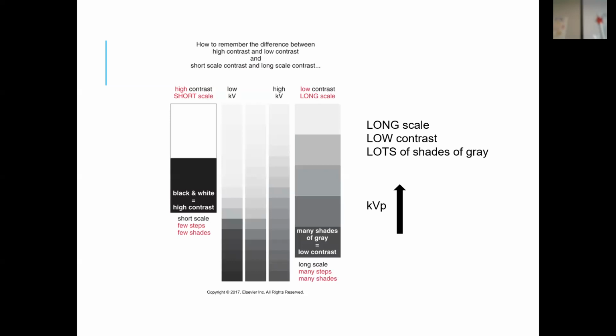And then up here, if we have high KVP, we're going to have much tighter, short wavelengths, higher frequency, more powerful. That one's just going to penetrate more for more variation.